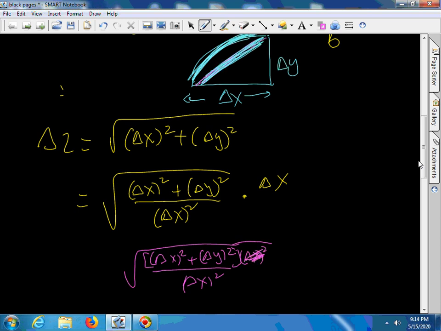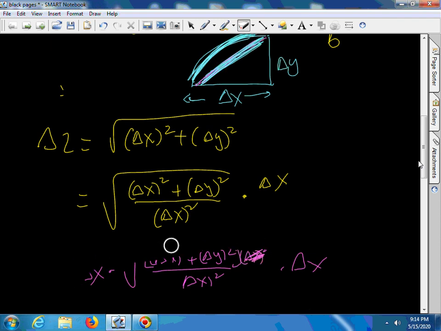If I bring the delta x squared outside of the radical, it comes out as delta x.